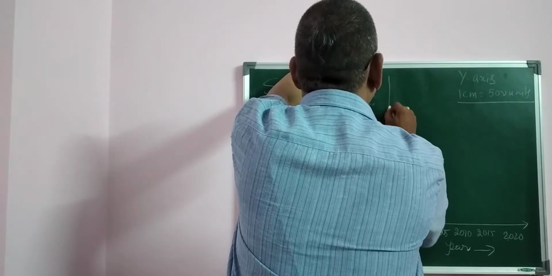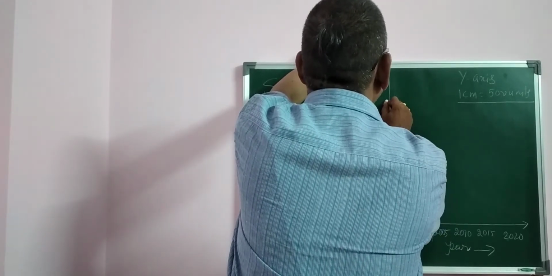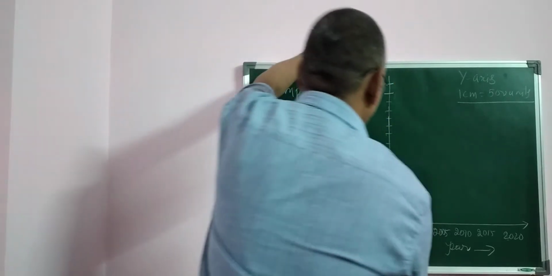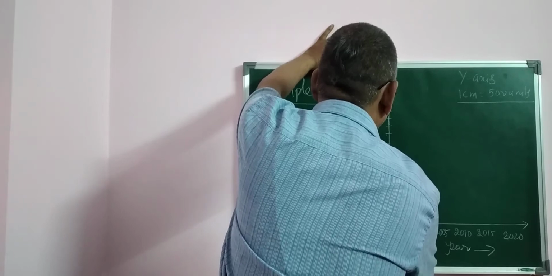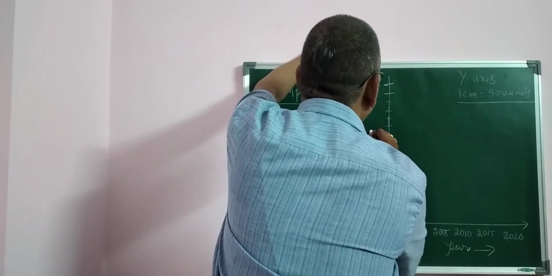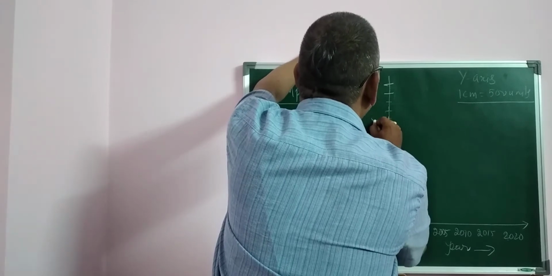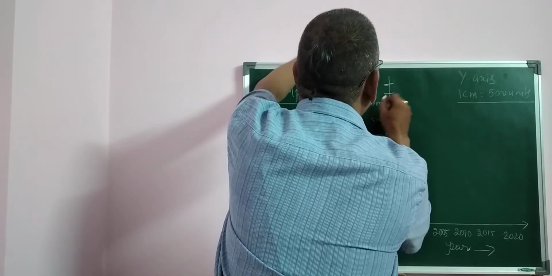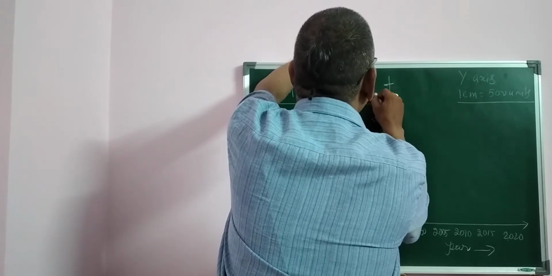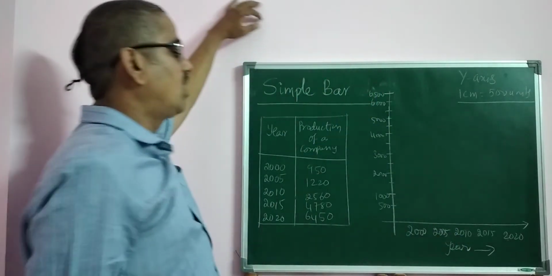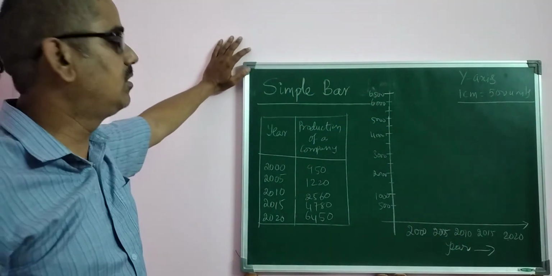I have to represent more: 5500, 6000, 6500. That is the maximum which is required, enough, right? So this is the consideration we have to consider.